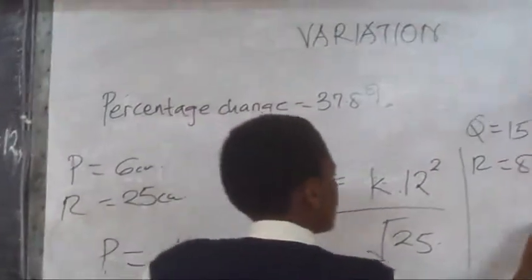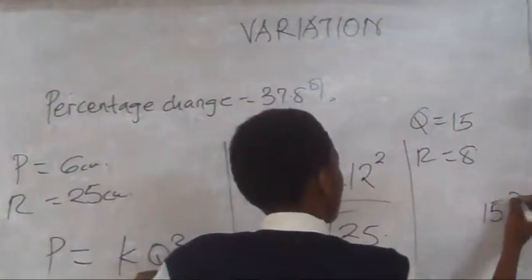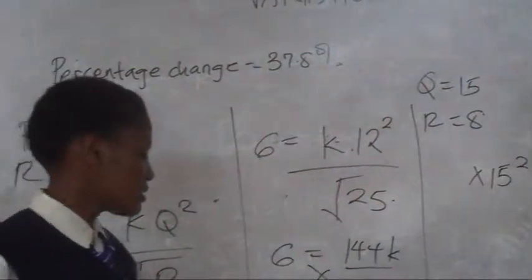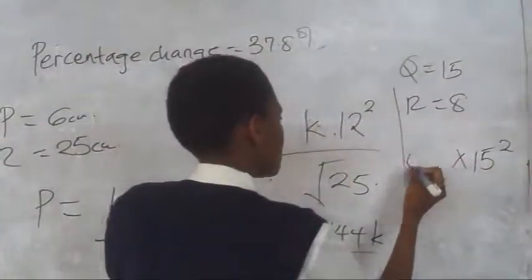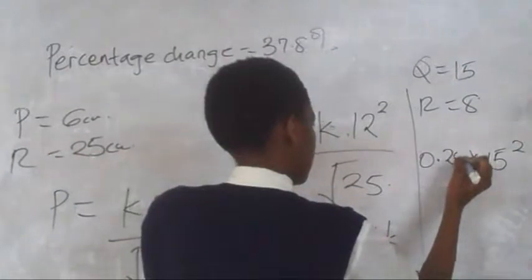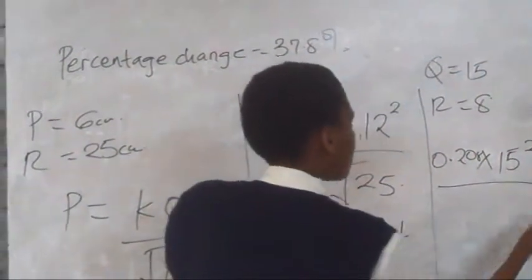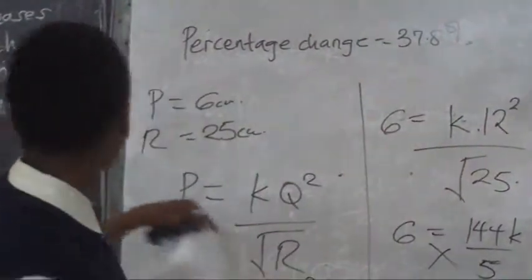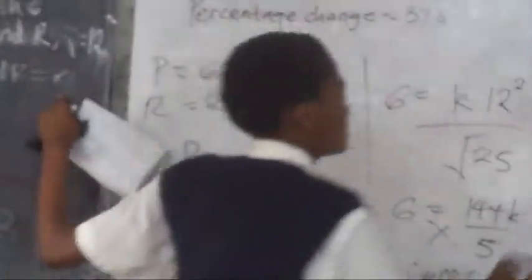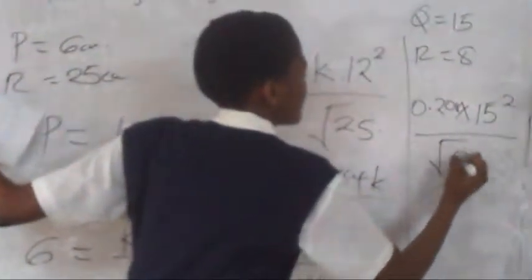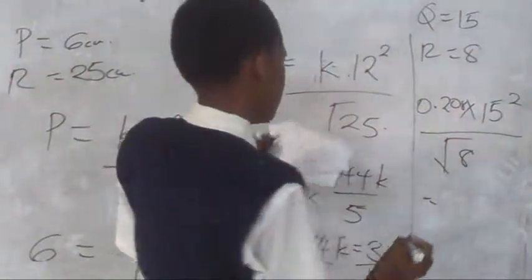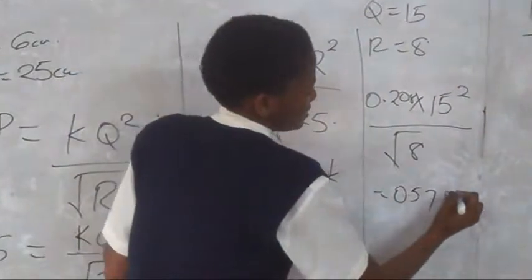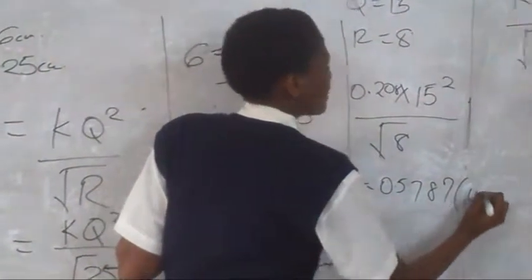We'll have 15 squared times the value of K, which was constant, times 0.208, over root R, and our R is given to be 8, so over root 8. Then we'll get our answer as 0.5787. This one is in 4 significant figures.